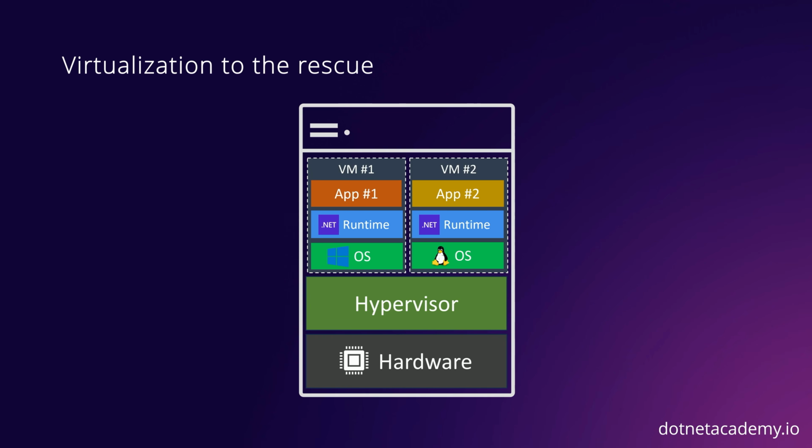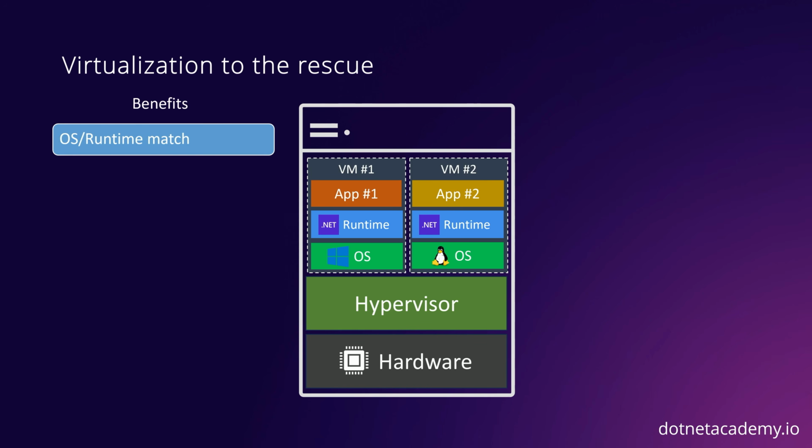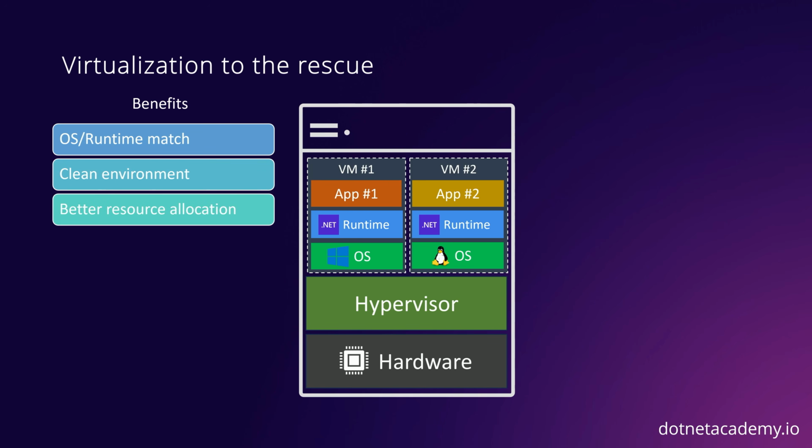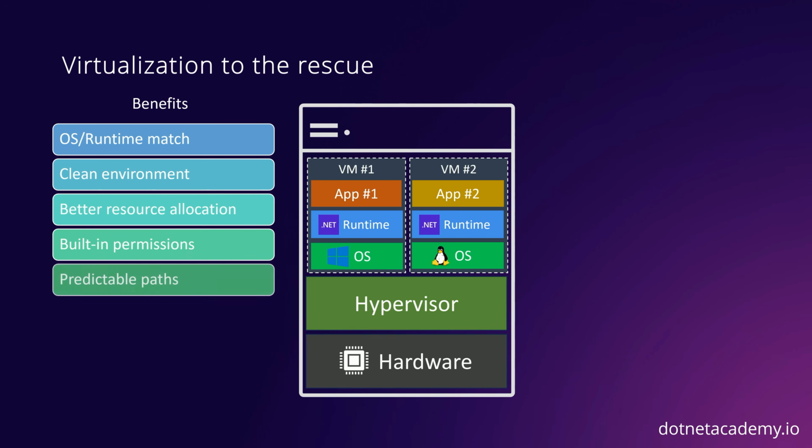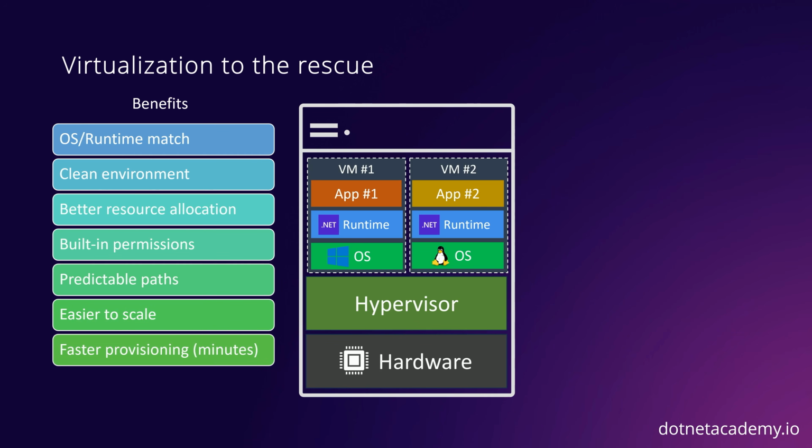This type of virtualization enabled several important benefits: perfect OS and runtime version matching for each application, a clean, isolated environment for each deployment, better control over resource allocation for each VM, pre-configured permissions in the VM images, predictable paths since each VM is identical, easier scaling of your apps by just adding more VMs, faster provisioning compared to bare metal, and simpler rollbacks using VM snapshots.